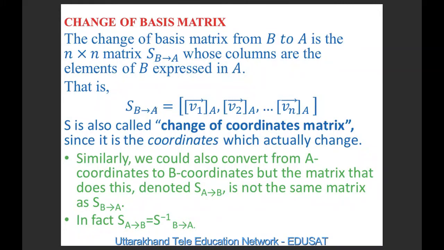So we have found the change of coordinate matrix. Since it is the coordinates which actually change, we call it the change of coordinate matrix, and also the change of basis matrix.